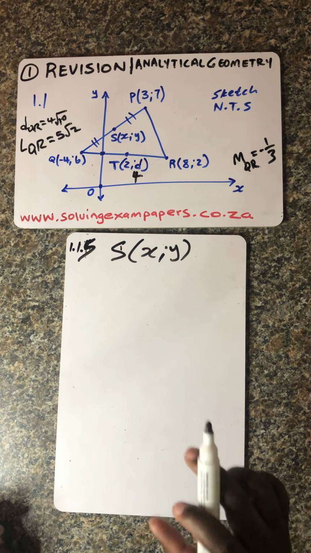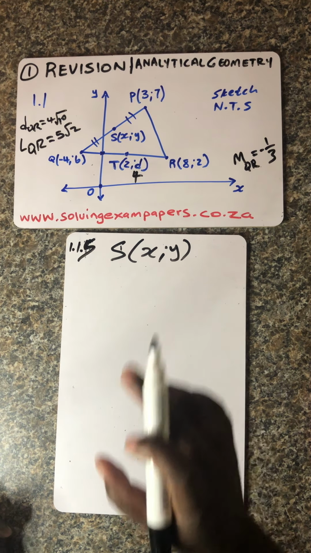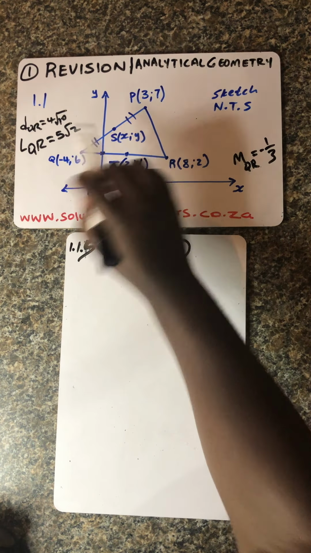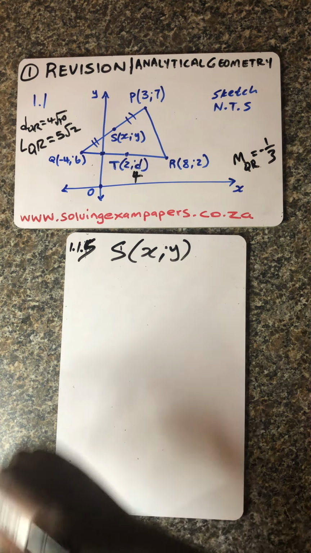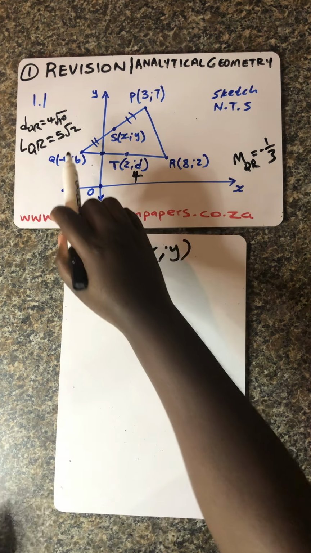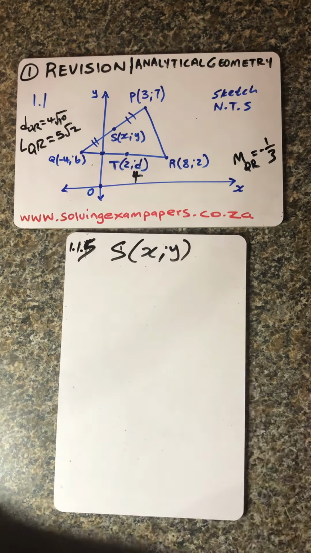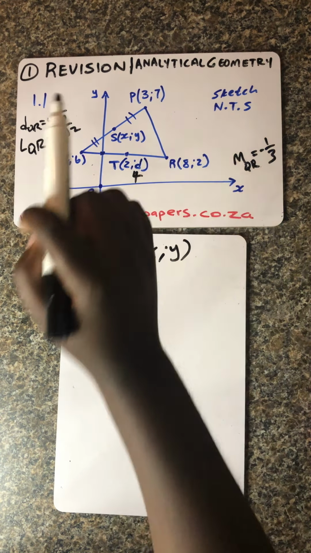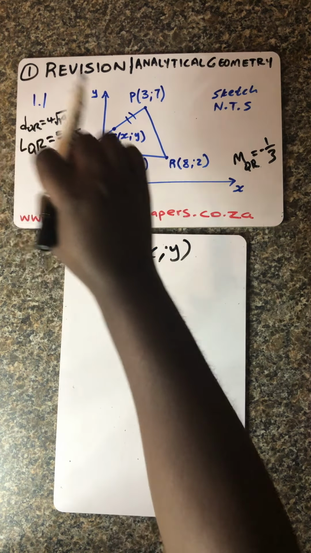They are just saying determine the coordinates of S, but in your mind you must know that there's something special about point S because of these 2 lines. That means it cuts Q and P into half.